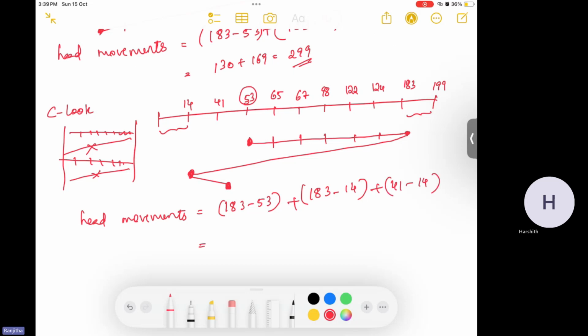So this is 130 plus 169 plus 27, 326. This is higher than the previous one, the normal LOOK, because we are not serving any request in the reverse direction.